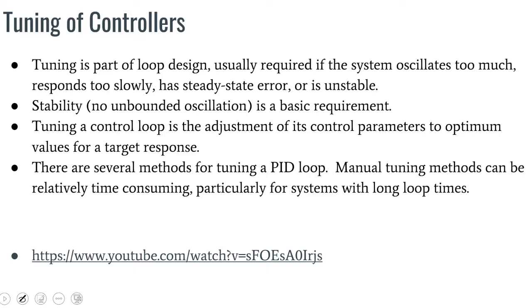So that is the main requirement when we are implementing a controller and doing the tuning of controllers. So achieving that steady state and stability would be the main target of tuning controllers.